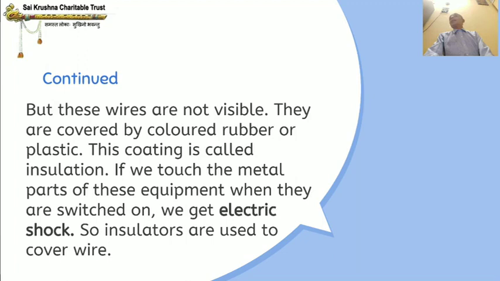Why are these electrical equipments covered by rubber or plastic? Because they do not allow the electric current to pass through them. So this coating is called insulation.